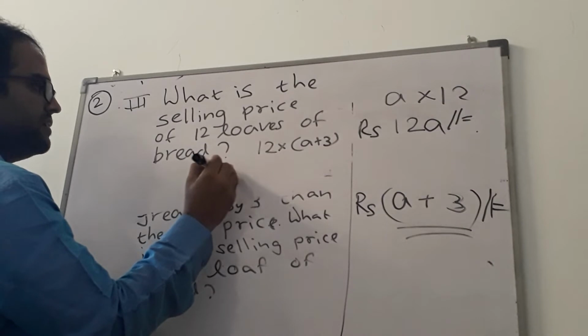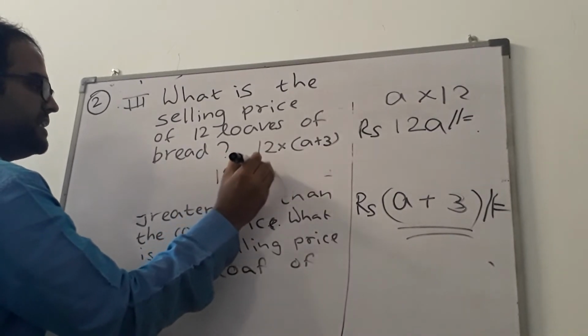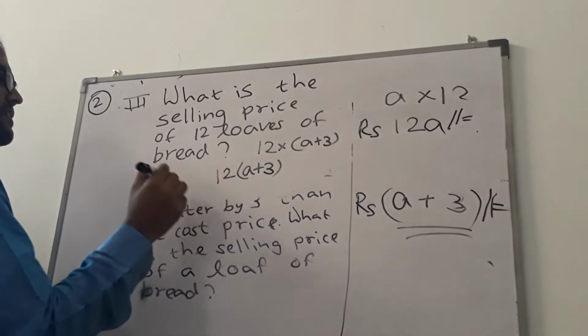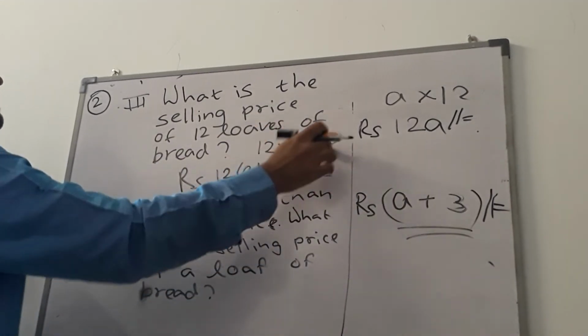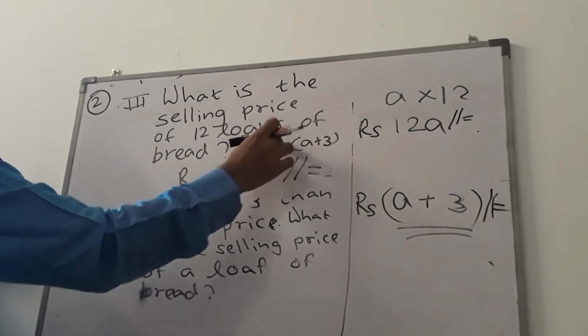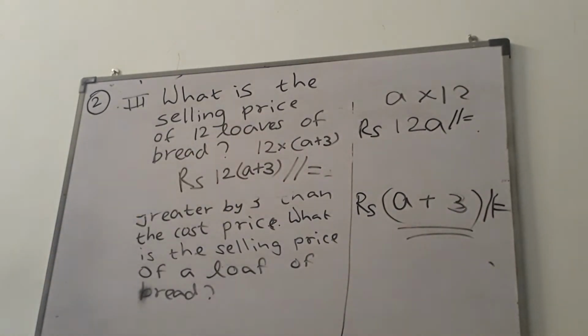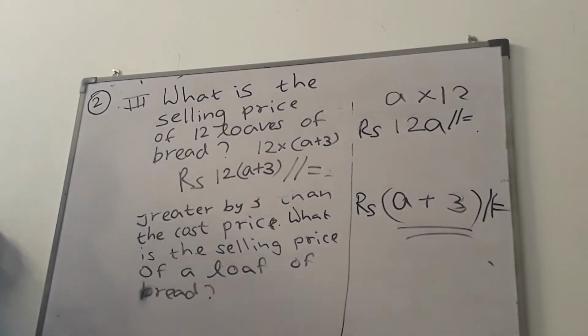12 times A plus 3 can be written like this as a product, without the cross or the multiplication sign. So it will be 12 times A plus 3. What is the selling price of 12 loaves?